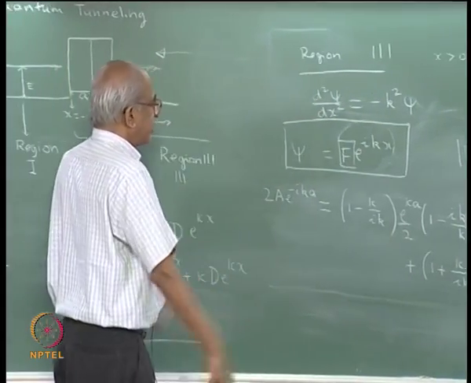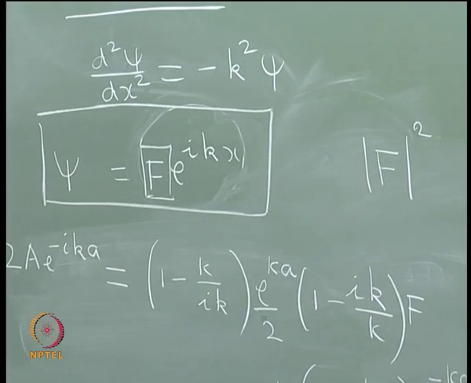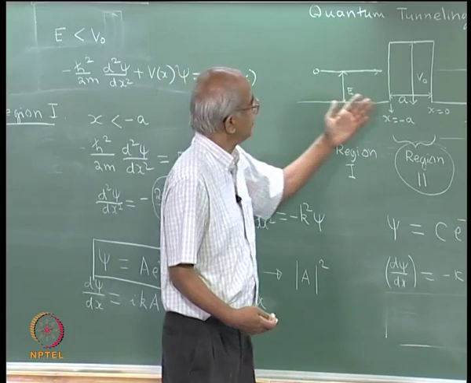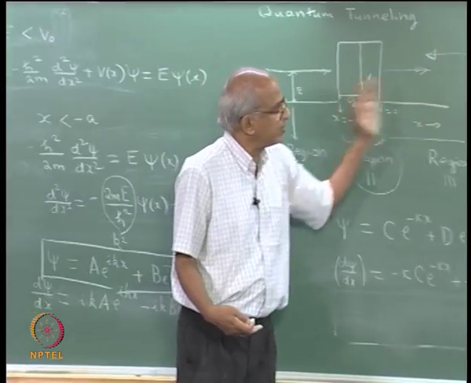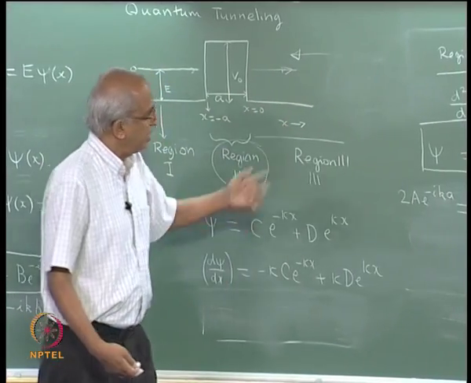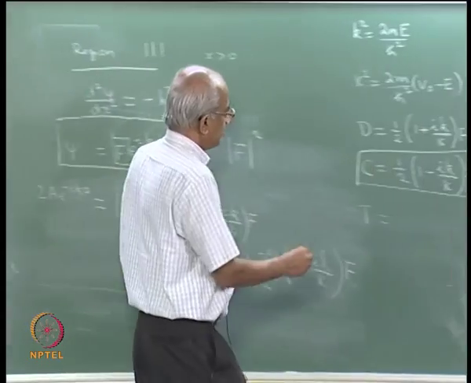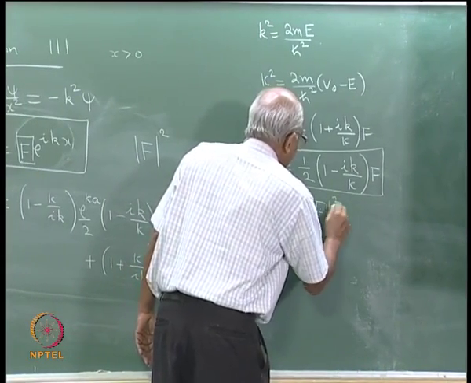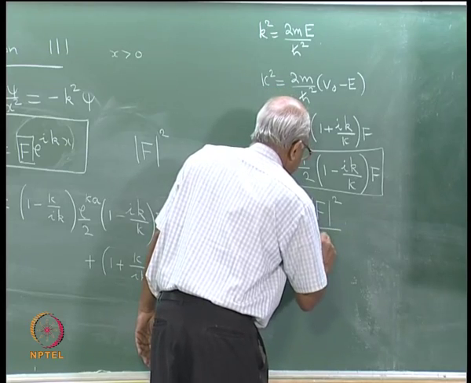So, therefore, if you wanted to calculate the transmission probability or the tunneling probability, all that you need to do is ask the question, for each incident particle what is the probability that the particle will come out on the other side, and from the arguments that I have given you, it should be obvious that T should be equal to magnitude of f square divided by the magnitude of a square.